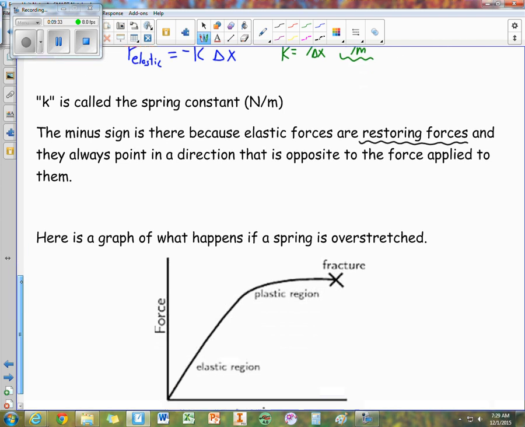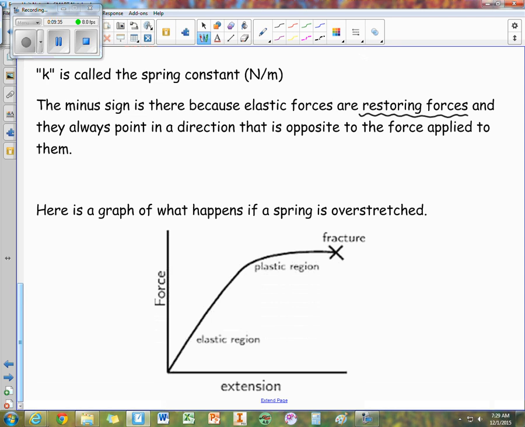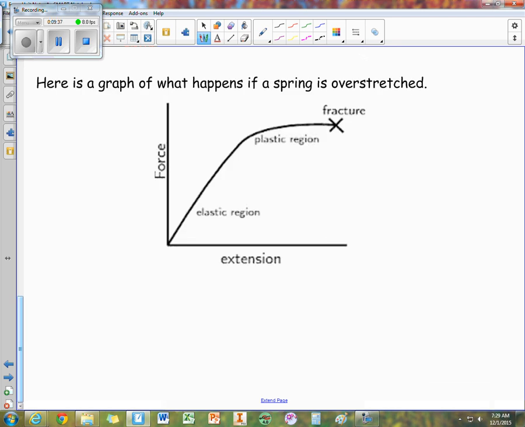All right, finally, let's take a look at a graph here. This is the same force versus delta x graph. Hooke's law only works up to a certain point, right about here. And this is called the elastic region. Once you pass a point, you enter something called the plastic region.